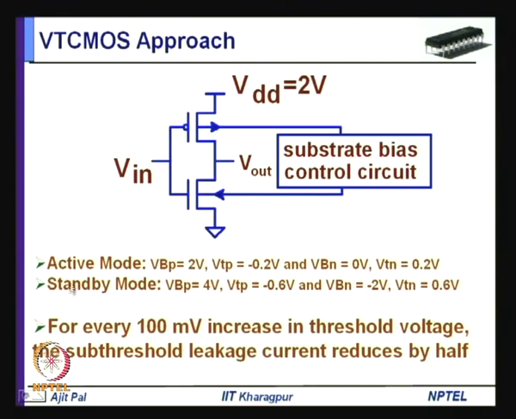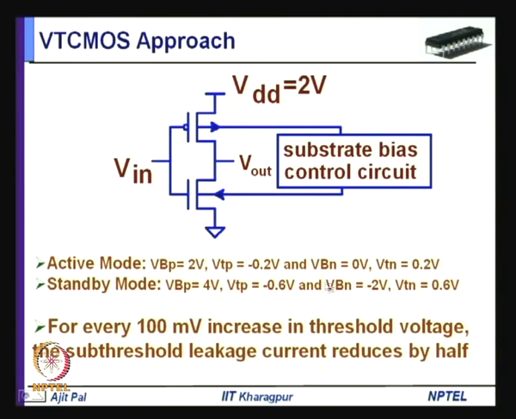Now, when the circuit is in the standby mode, you apply VBP equal to 4 volt. So, you apply 4 volt here, and here you apply minus 2 volt. In such a situation, this voltage is 2 volt positive with respect to the supply voltage, and as a consequence the threshold voltage of this transistor is now minus 0.6 volt. And VBN is minus 2 volt, so the threshold voltage of this transistor is 0.6 volt.